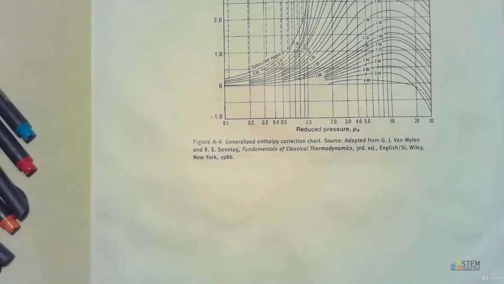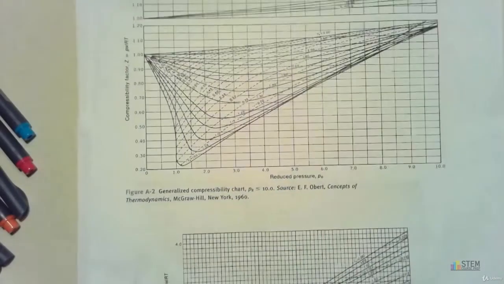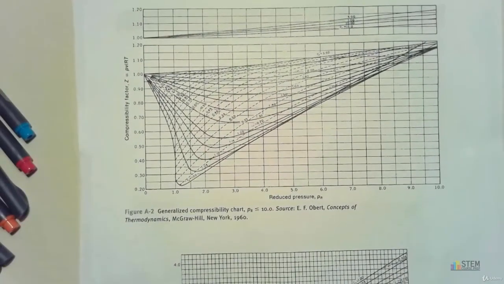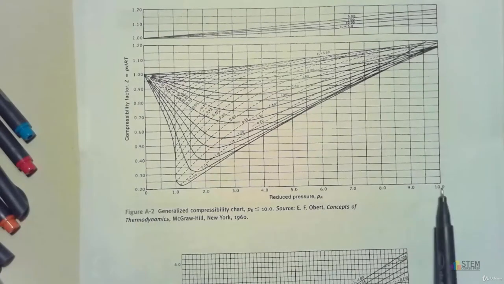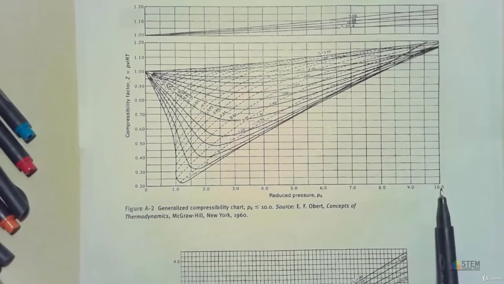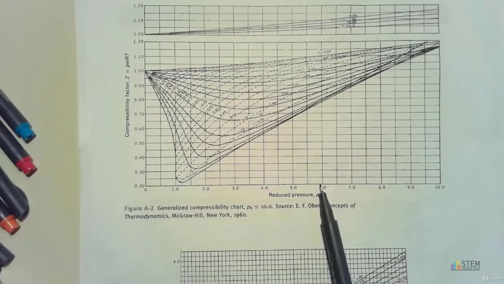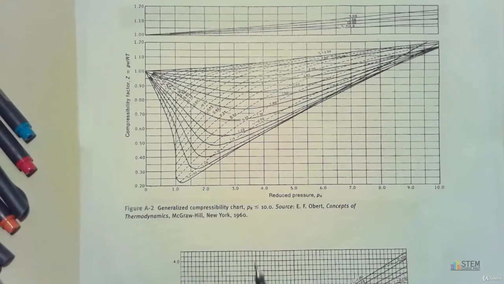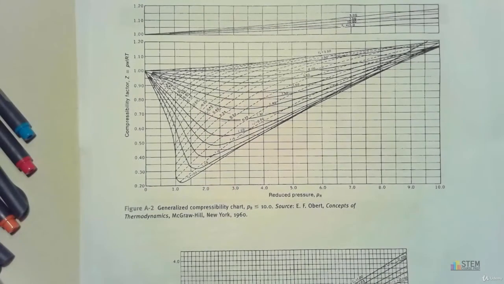Now the other ones, let's see this one right here. If we go to A2, this is what it looks like. Now this is the same thing. The only difference here is now our pressure is going to go from 0 all the way out to 10. So if you had a pressure of 7, you would need to use this table. All right. So it just gives you the expanded values for pressure, and then you still have your TR values up here at the top.